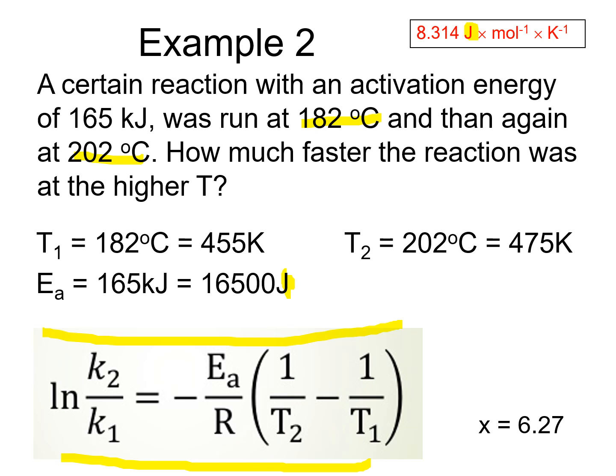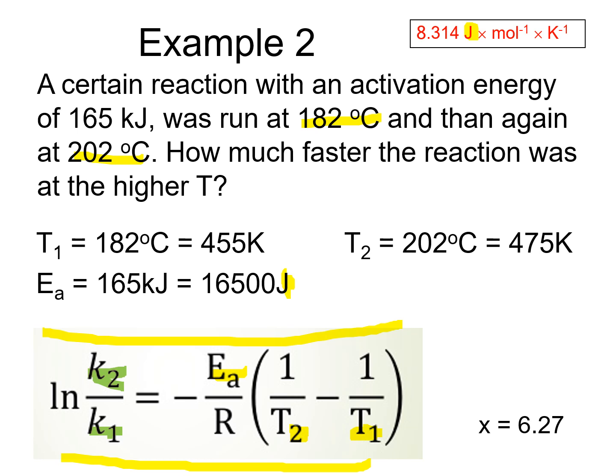Now the problem is that you have EA, you have T2, you have T1, and you have 2 unknowns because you don't know K2, you don't know K1, and you need to know both to determine how much faster the reaction is. So it almost seems like you don't have enough information to solve the problem. But if you pay close attention, you may notice that it's not asking you to determine the absolute value of either K1 or K2. What it's asking you is how much faster.